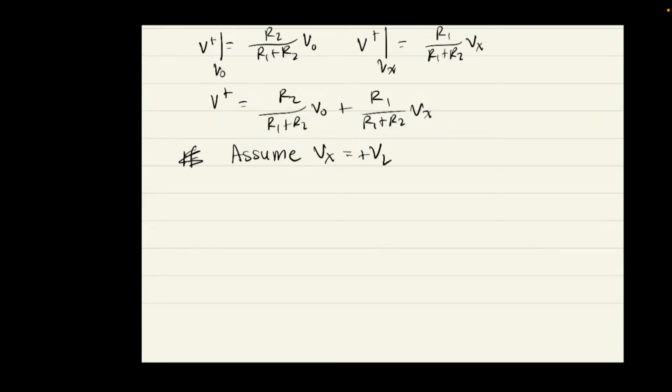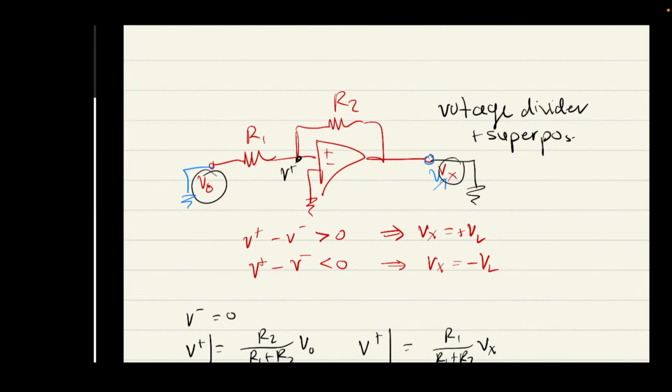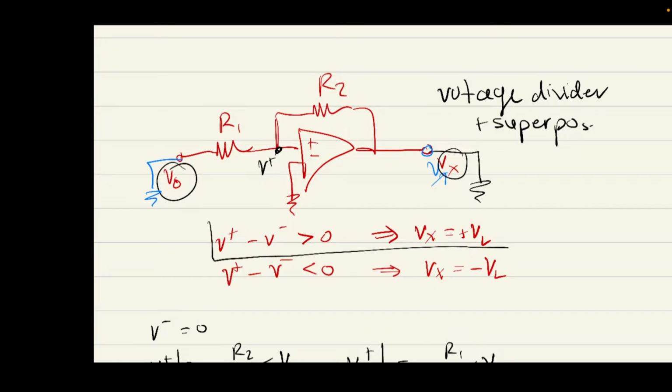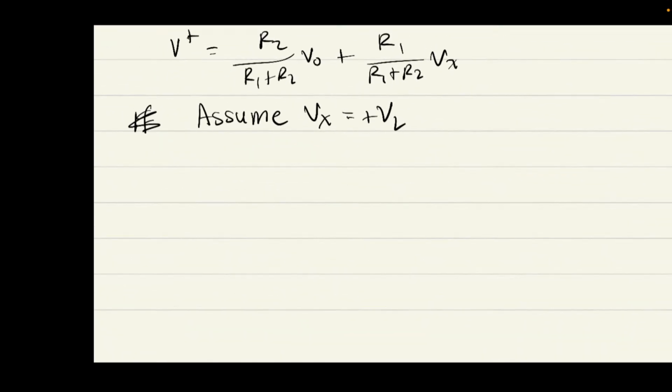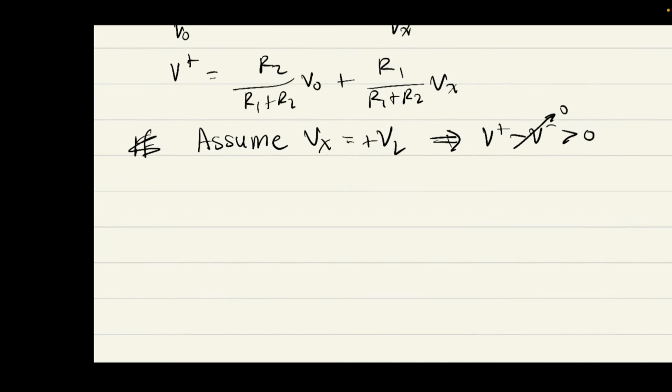Well, if Vx is positive VL, remember what I said before, that the difference between the input and the output must be positive. So I'm going to rewrite that here. If this is true, then we have that V plus minus V minus is greater than 0. And what is V minus? It's just 0, so we can cancel that out. We have an expression for V plus: R2 on R1 plus R2 times VO plus R1 on R1 plus R2 times Vx.